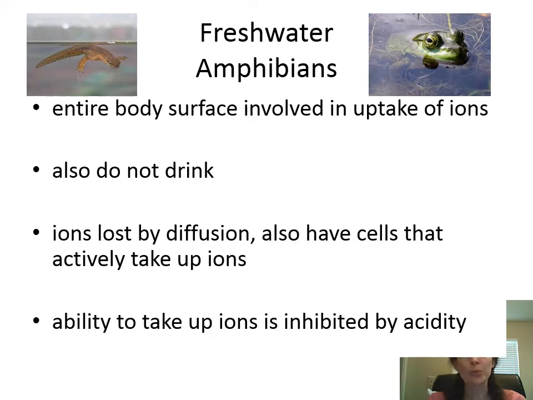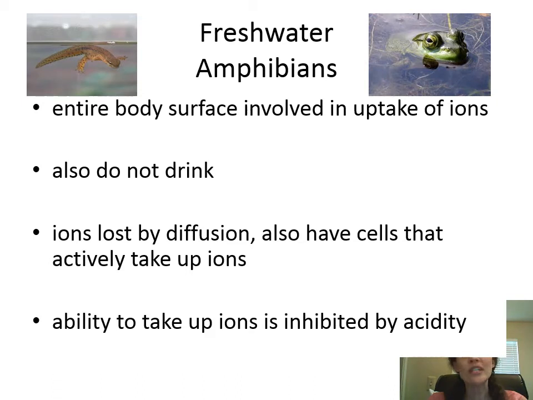The other major group of vertebrates in freshwater are the amphibians. They're a little different. Instead of it just being the gill membranes where we have this water diffusion and ion movement happening, their entire body surface is involved in the uptake of ions. Their body surface is permeable. So they're also not going to drink. There's no need to drink. That water is diffusing through their skin.